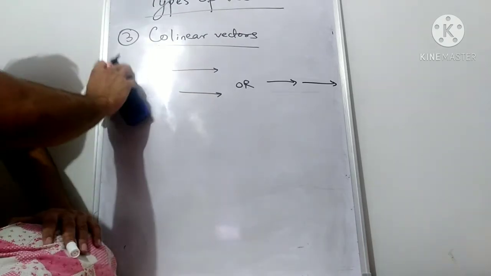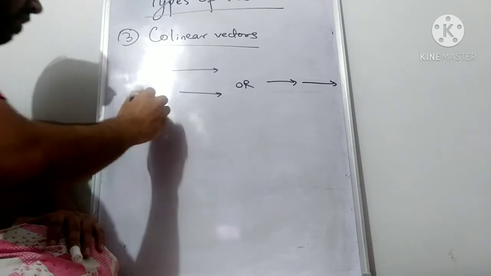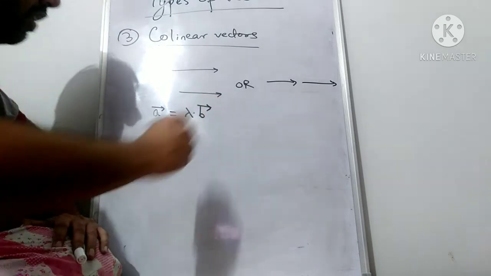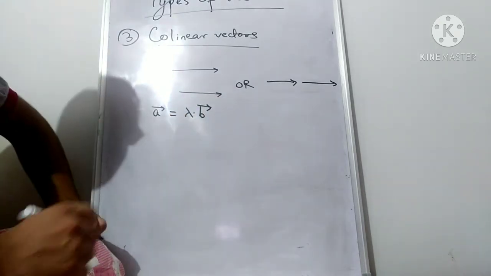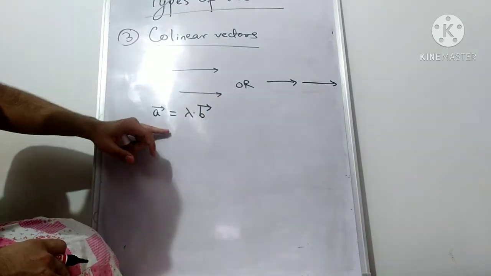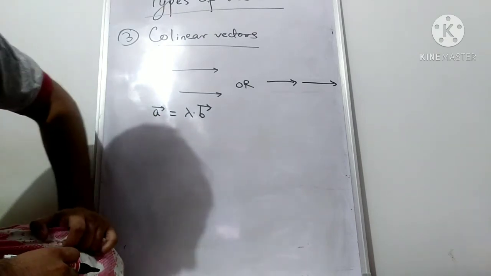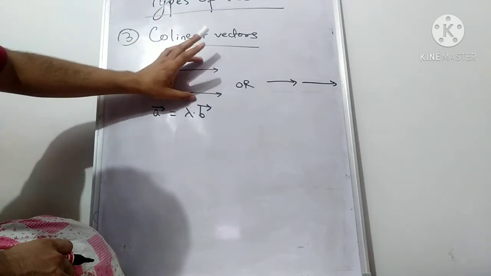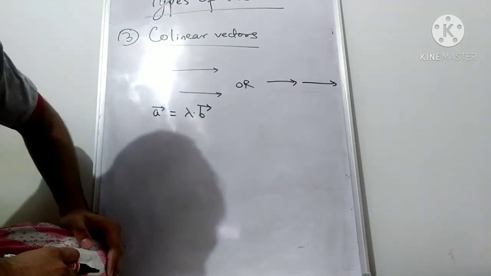Okay, so for collinear vectors, if suppose we have a vector A and a vector B, then I can write: vector A is lambda times vector B. It means one vector becomes a scalar multiple of the other vector. Because already they are pointing in the same direction, the only difference will be in their magnitude, right?